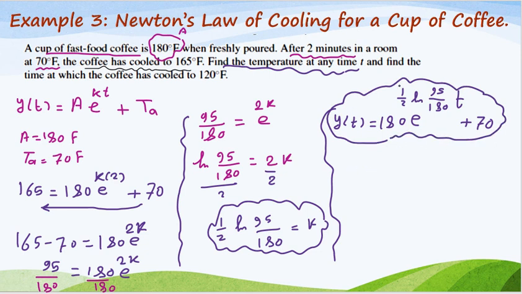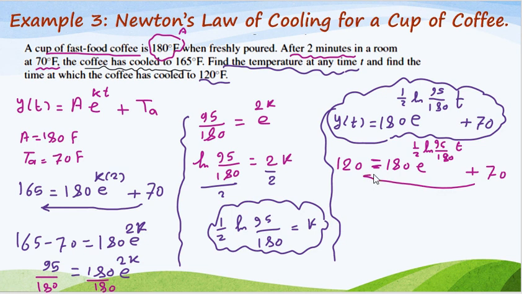The second question: find the time at which the coffee has cooled to 120 Fahrenheit. We substitute: 120 is equal to 180 e to the power half ln 95 over 180 times t, plus 70.